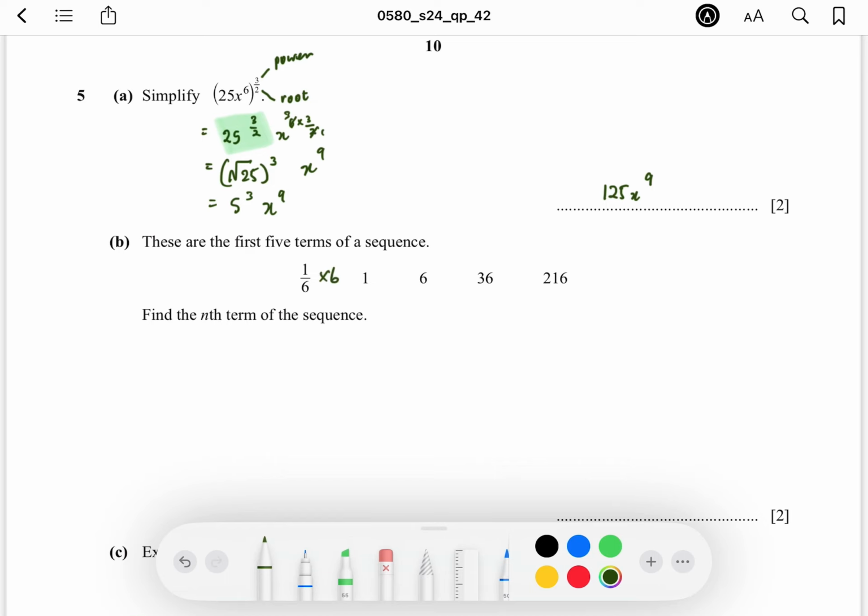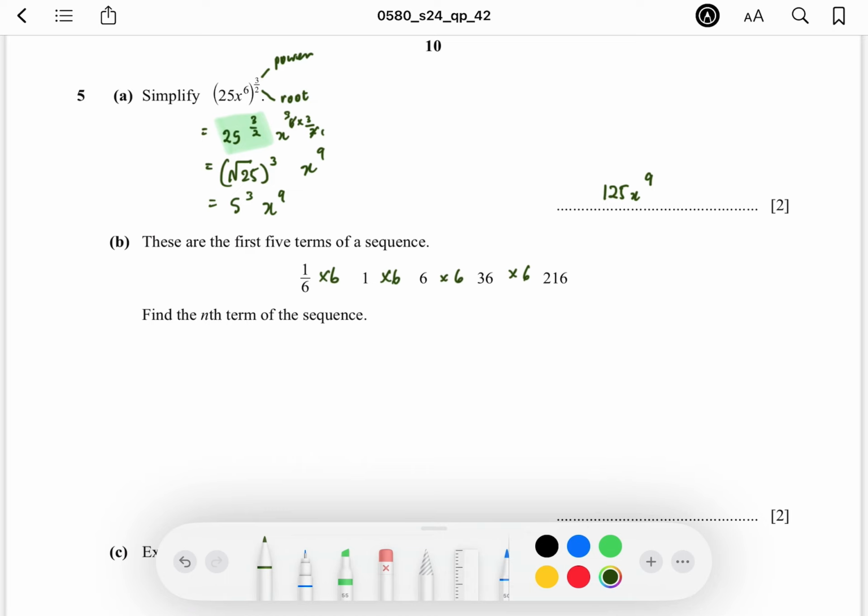Times by 6 times by 6. Okay, no worries. Because it's not addition, it's not subtraction, then this is definitely not an plus b. It's not even a square. It's not even a cube. So, which means this is not in your syllabus.